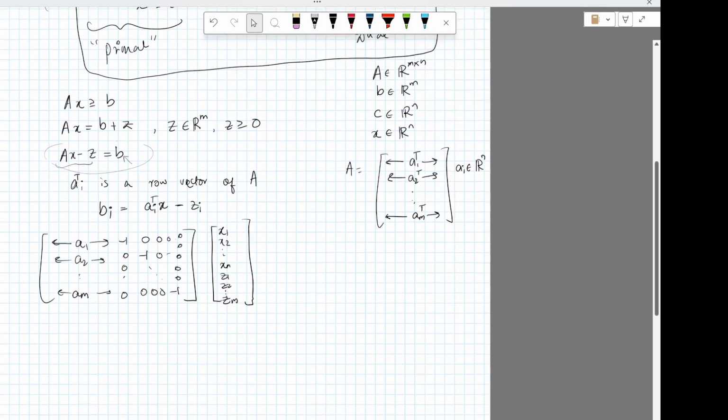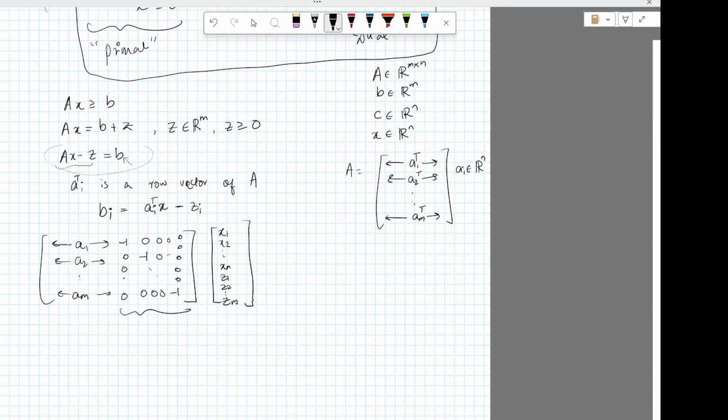So these are m columns. So this is m cross m, this is m cross n.